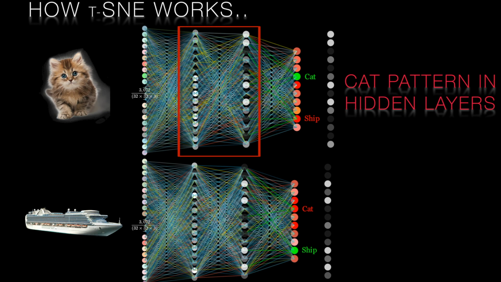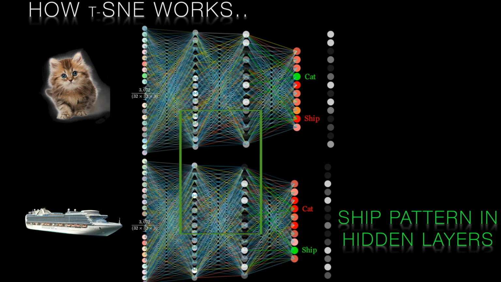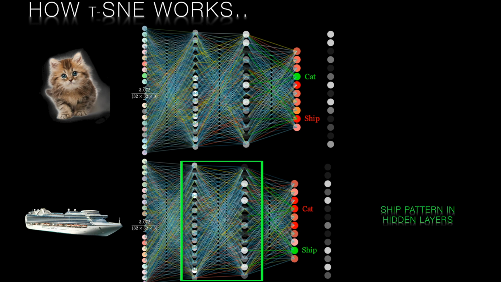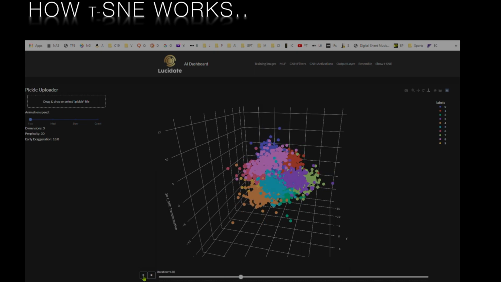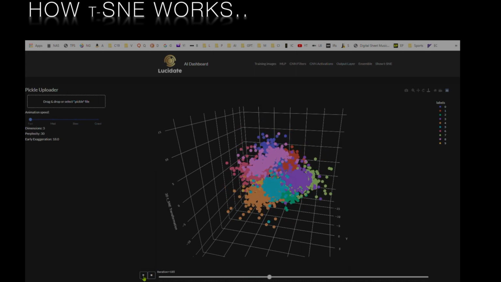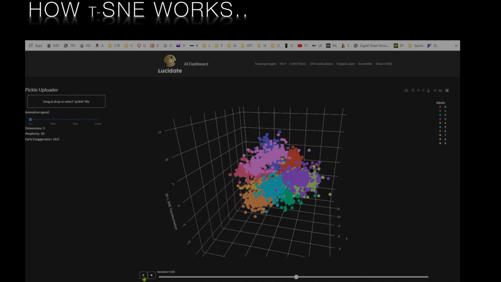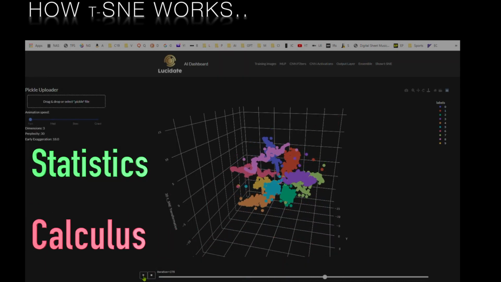A different pattern of neuron activation happens when the network sees images of ships. t-SNE can cluster these activations together on a chart. No matter how many neurons make up our activations, t-SNE will figure out which ones are similar and group them together. It does this using both statistics and calculus.